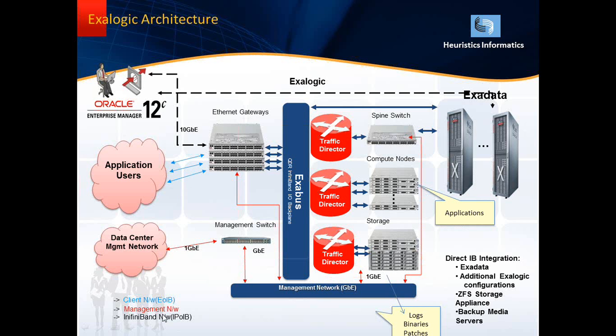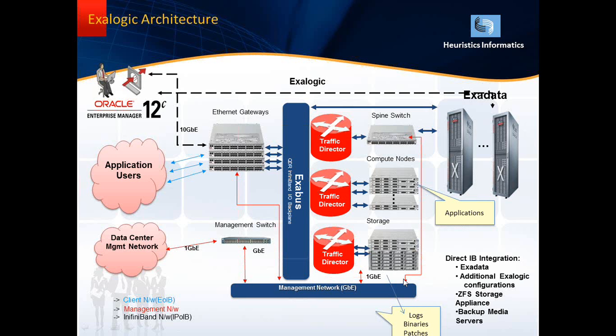Coming to the management network, if you look at the bottom part, it is based upon the management switch, which is used to connect all the components of the Elastic Cloud. If you closely observe the red lines indicated by the arrow mark, these are the management network.